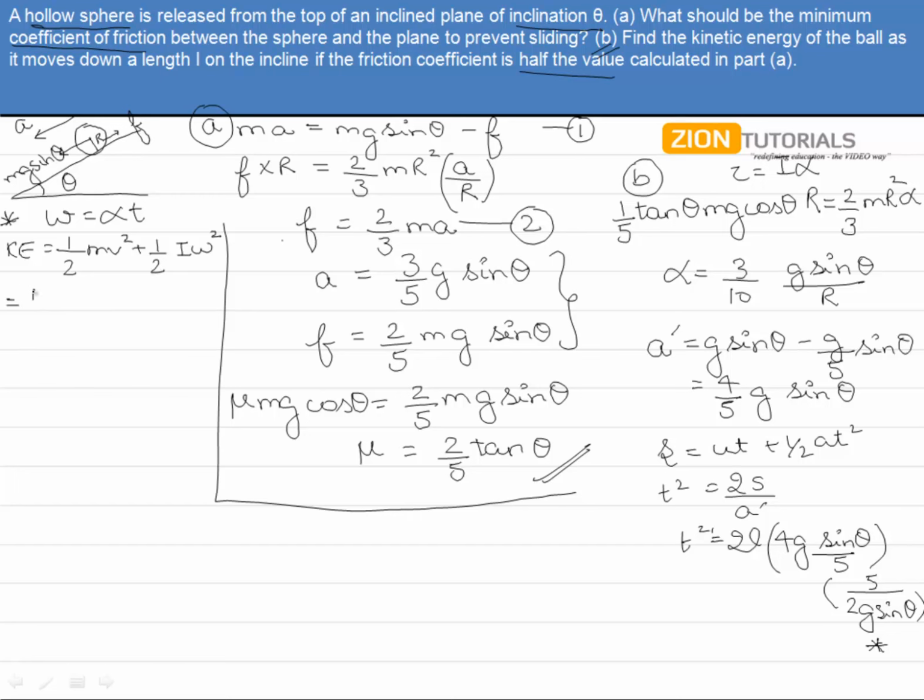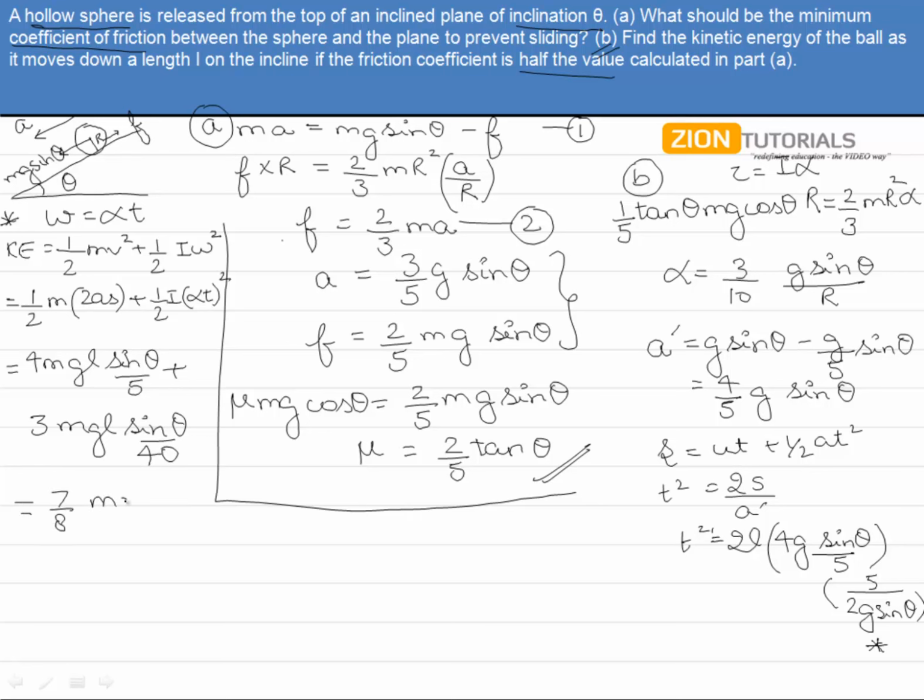Putting the values here, we get half m into 2as by the third equation of motion, plus half I alpha t whole square. Putting the values, we get 4 mgL sine theta by 5 plus 3 mgL sine theta by 40, giving us the kinetic energy to be 7 by 8 mgL sine theta.